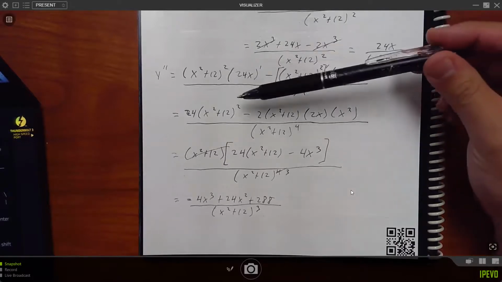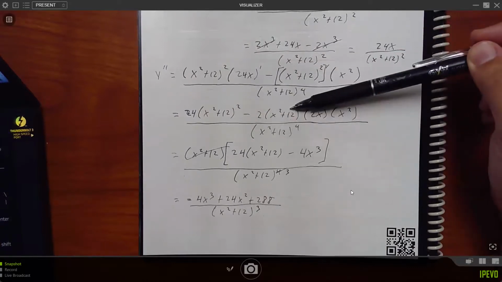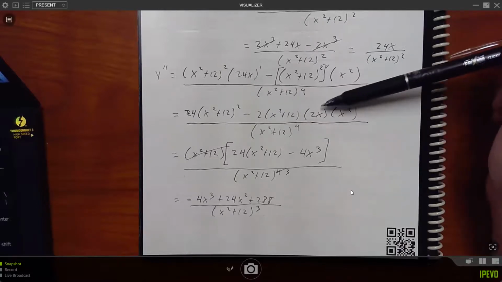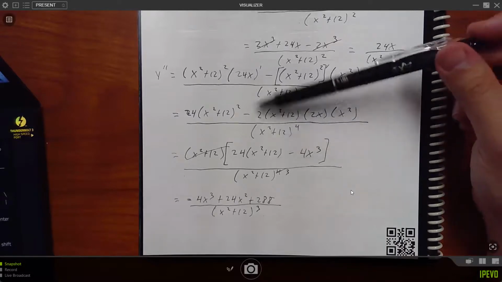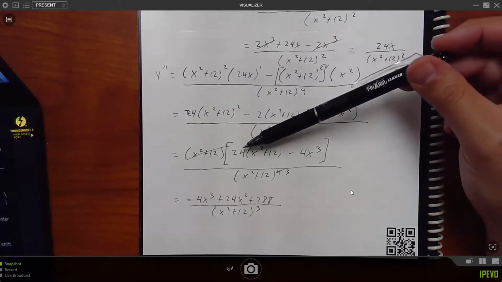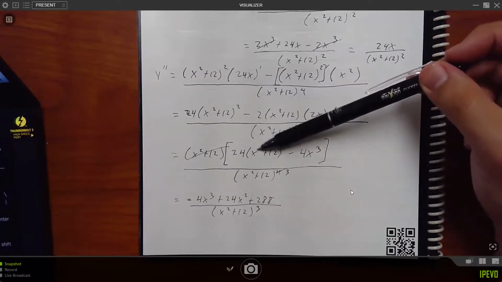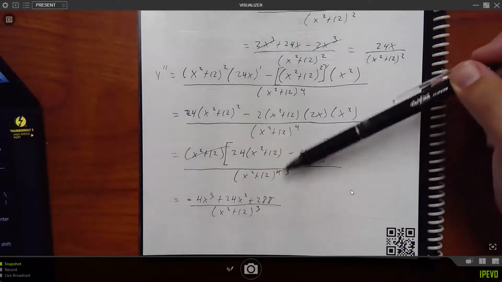When I factored this, 2 times that cubed. Factored one of those, I left 1. This distributes inside, that'll be 24x squared here. This is there. 24 times 12 is here.